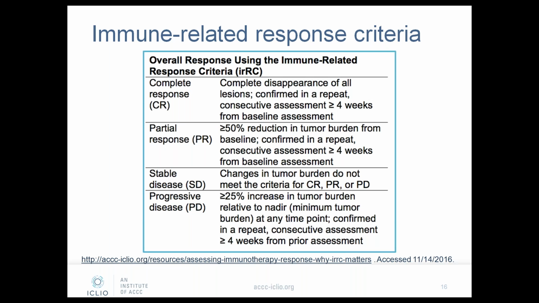So the ideas are similar to traditional cytotoxic chemotherapeutics, but the key I just want to focus on in progressive disease is that you have to really document a 25% increase in tumor burden at any time point, and that tumor burden stays elevated or still progresses even after several scans, say 4 weeks, 8 weeks, 12 weeks after therapy. So it takes a little bit longer for us to call progressive disease when a patient is on an immunotherapeutic.